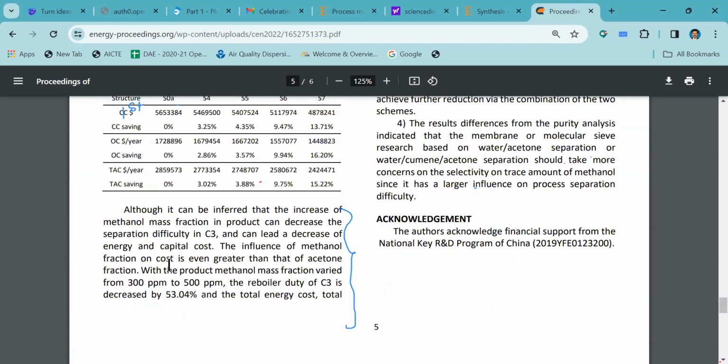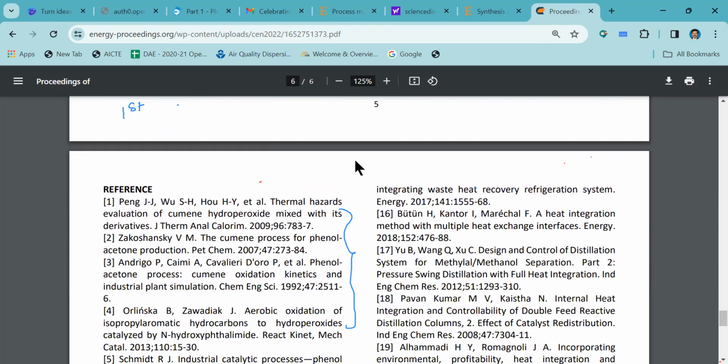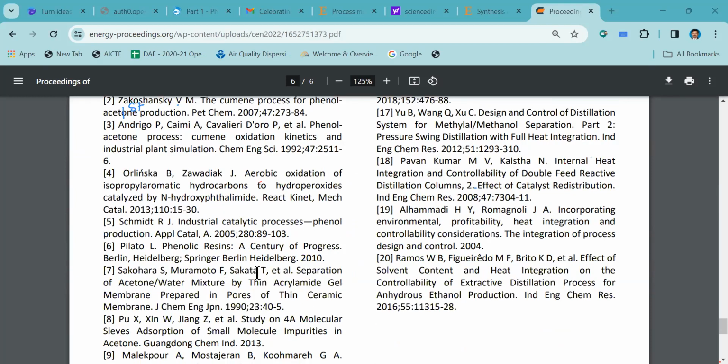After this, they have acknowledged who have contributed to this particular article. At the end, go to the references and see how the references have been kept, what has been referred to in this particular research to come to this particular stage of production.